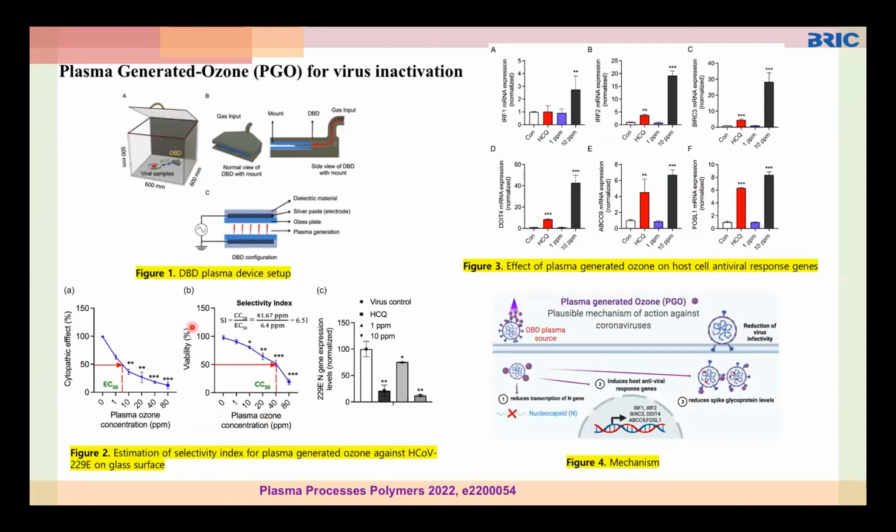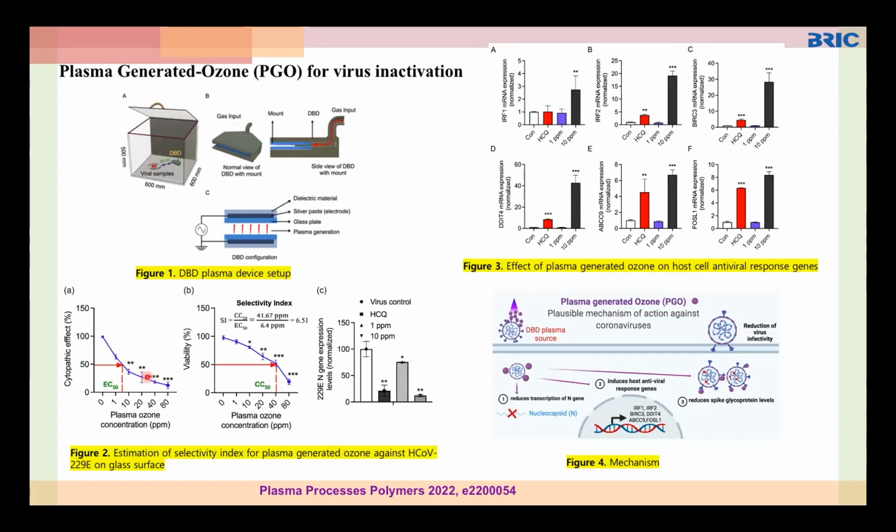Further, in the extension of our work, we also worked on plasma-generated ozone, not for human treatment or patient treatment. It is just for sterilization of surfaces. In this case, we generated plasma ozone, and we treated these viruses in our lab with this plasma-generated ozone, and we found a very nice effect.